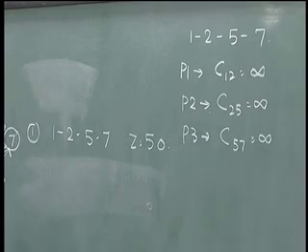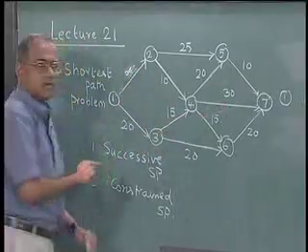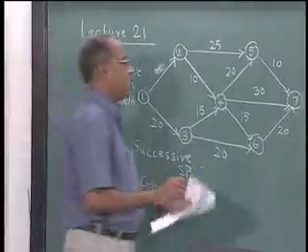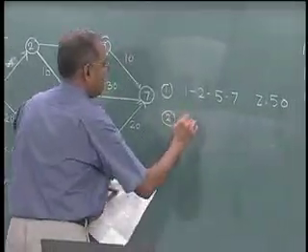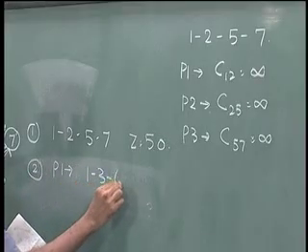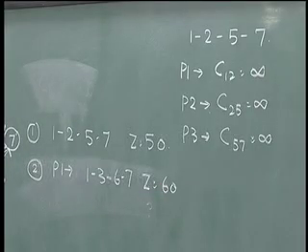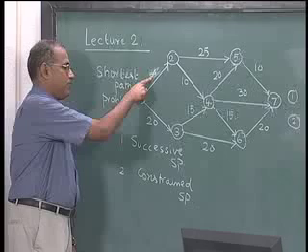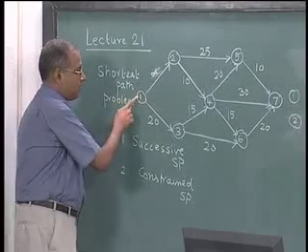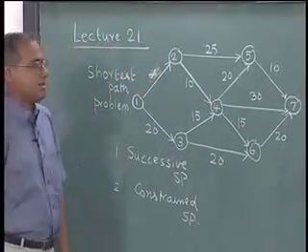So, if we look at the case where C12 is equal to infinity, which means we change this to infinity and apply one pass of Dijkstra's algorithm, then for problem P1 we will get the solution as 1, 3, 6, 7 with z equal to 60. That is, if we make this infinity from 15, then the shortest path will now involve 1 to 3, 3 to 6, 6 to 7 with z equal to 60.